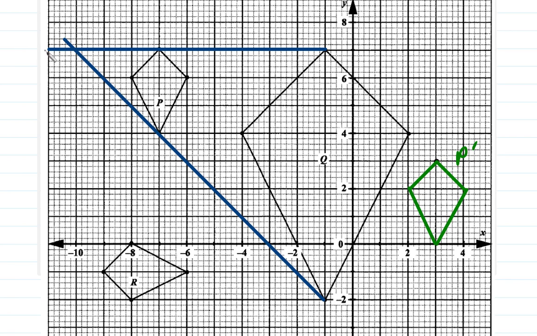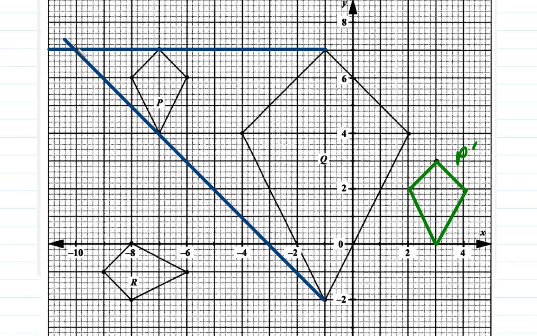Whatever distance you have from the center to this, you also measure the center to the new quadrilateral. And the scale factor will be this length divided by this length.